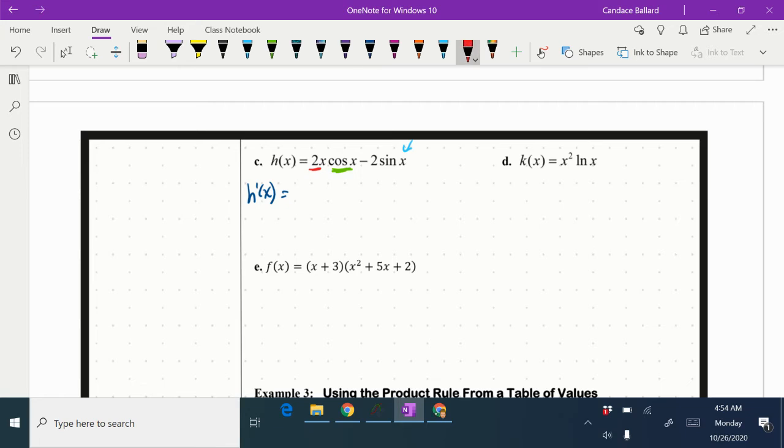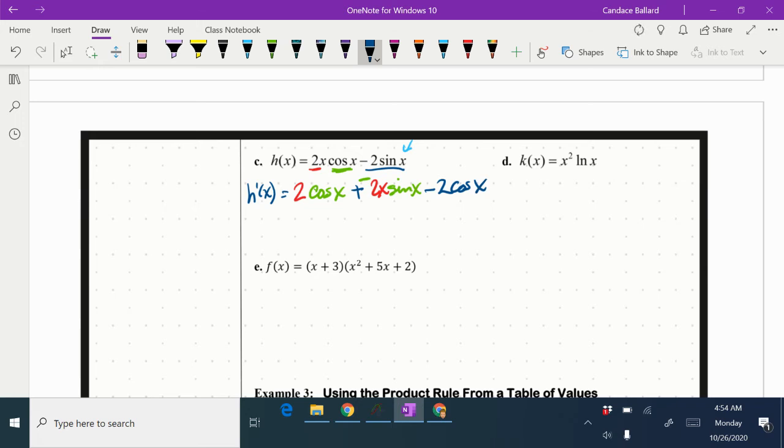So derivative of the red is 2. Keep the green the way it is. And then I'm going to add that to keep the red the way it is. Derivative of the green would be negative sine x. And then I'm back to this original function, so minus 2, and the derivative of sine is cosine x.